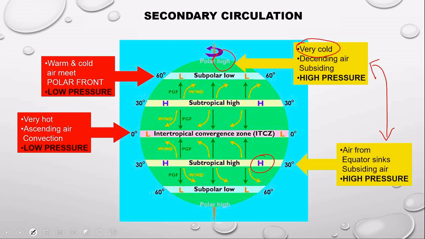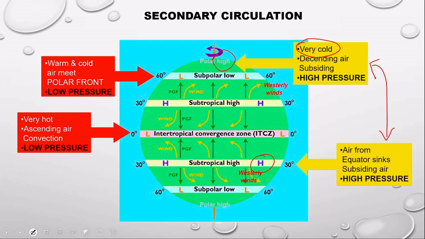So you can see there, they meet there, the cold air from the polar high and the warm air from the subtropical high area. They meet in the subpolar low pressure. That is known as the polar front. It's got very, very particular weather systems, like your jet streams and so on. I think you must have heard about those from grade 11, okay?